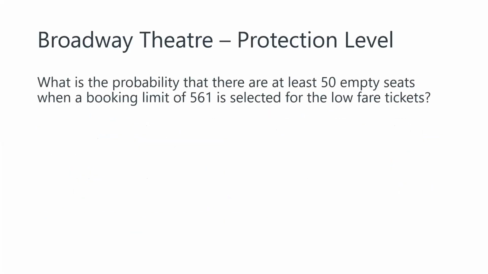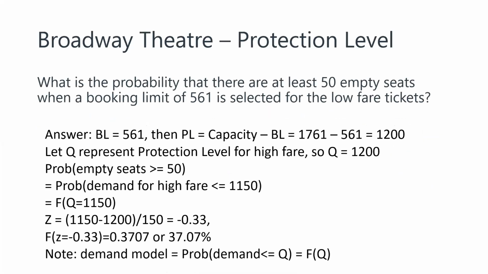Thanks. So this one is your protection level, because your demand for high fare is random. The probability of empty seats greater than or equal to 50 is the same as the probability that demand for high fare is less than or equal to 1150, so we can write it as F(1150).